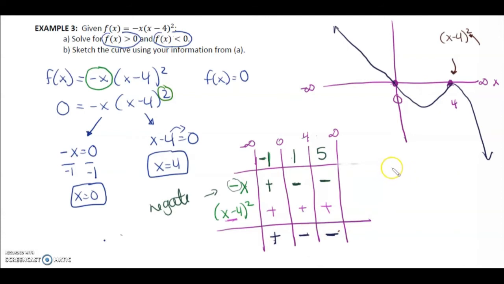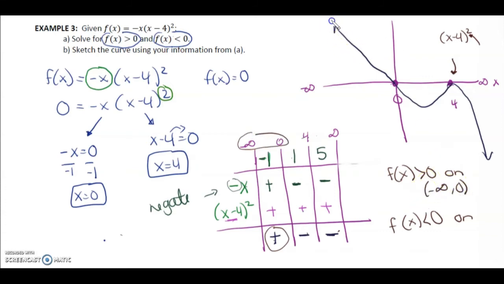So if we want to write out our solution set, we would have f at x is greater than 0 on, and then we have to write out f at x is less than 0 on. So f at x is greater than 0 on, it's positive here, so negative infinity to 0.